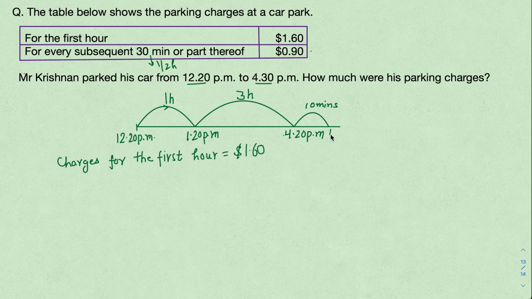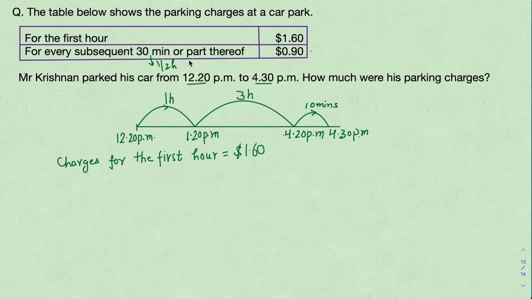And finally we reached 4:30 p.m. Now we have already calculated the charges for the first hour, which is $1.60, but we still need to calculate the charges for another 3 hours and 10 minutes.